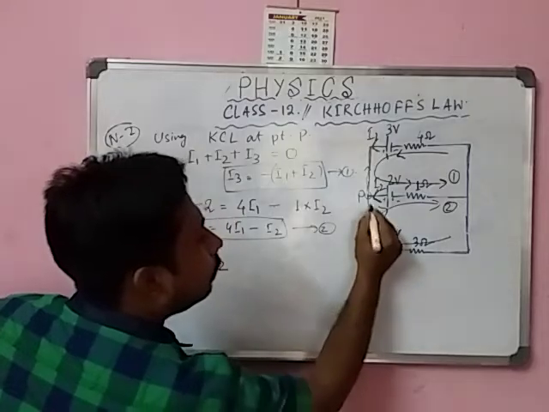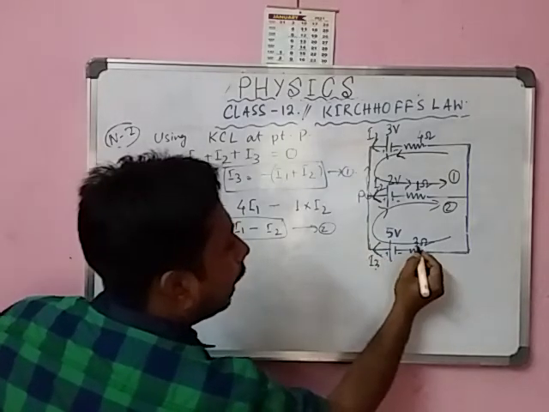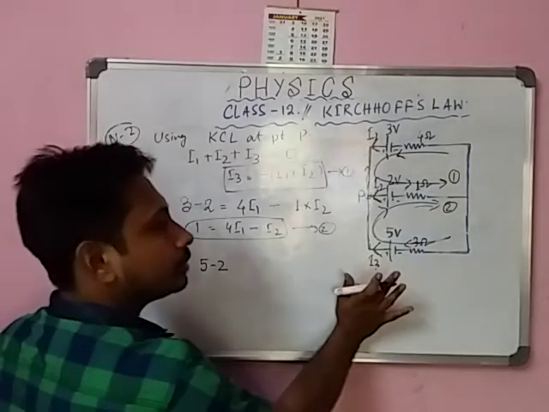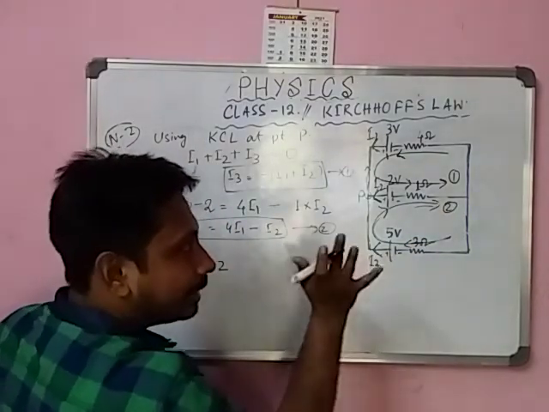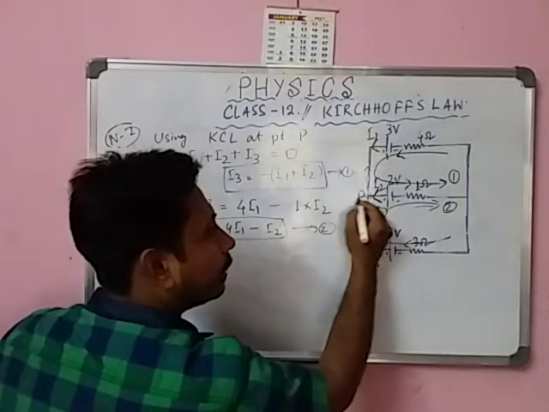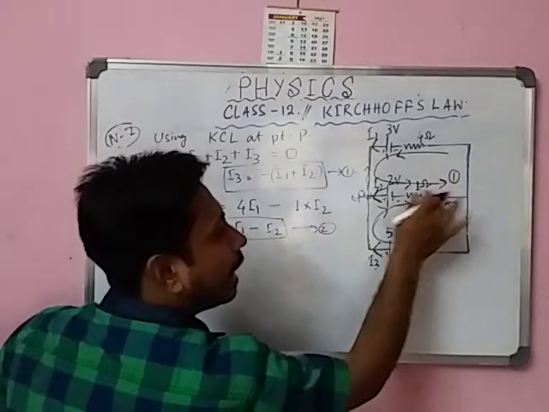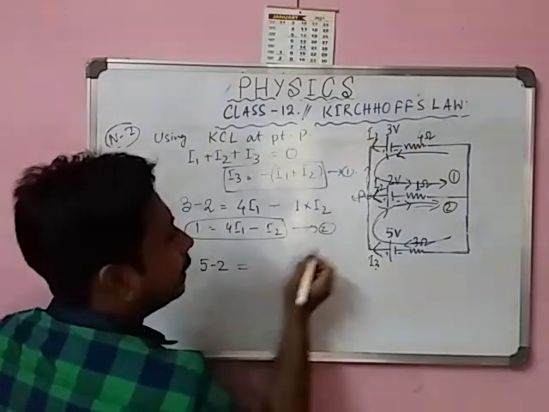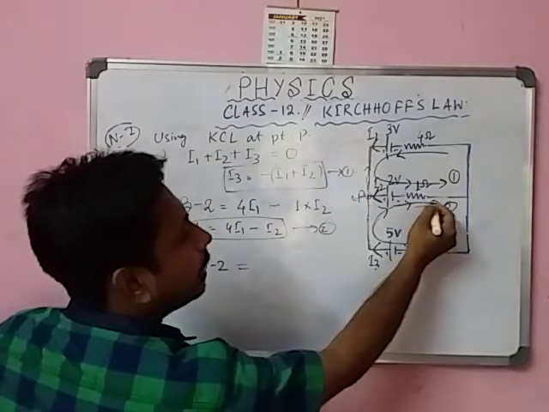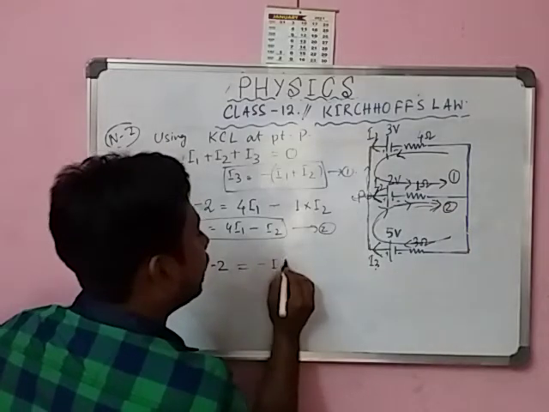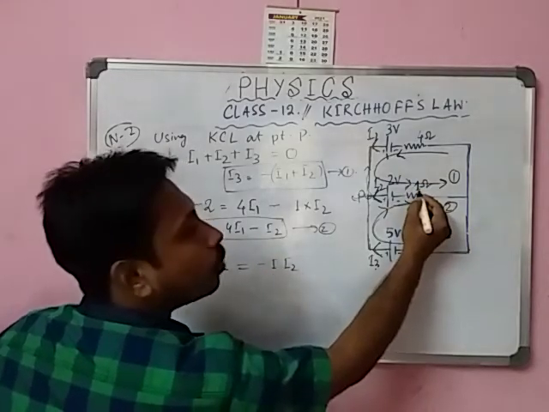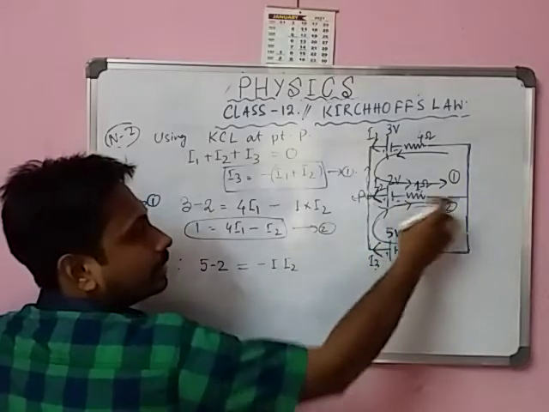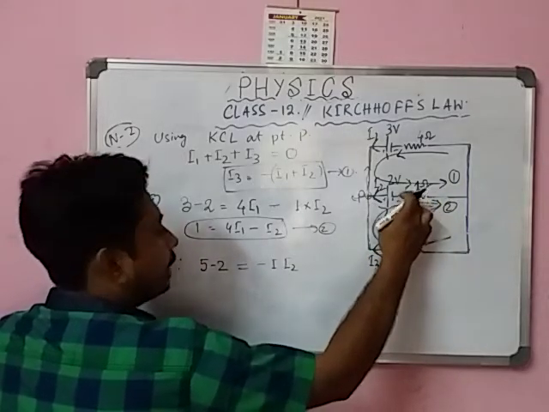The 5 direction is left and my direction is also left, so it supports my direction. But think about 2: its direction is left and my direction is right, so for 2 it will be minus. Similarly for the I2 current, you can write minus 1 into I2, because the I2 current is flowing through resistance 1 in this wire, and it will be negative.